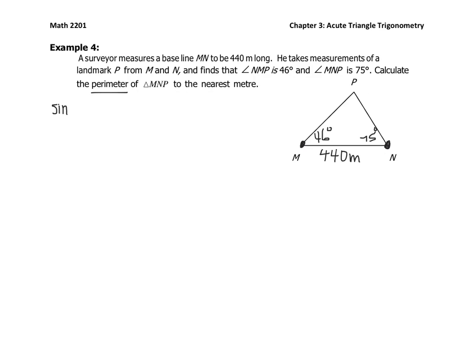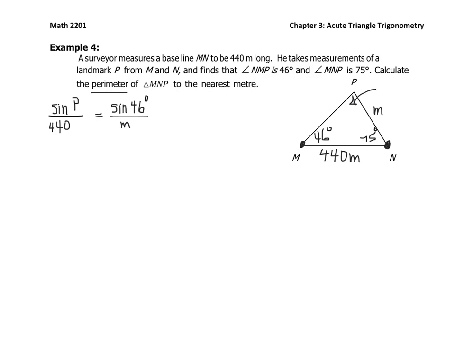And I'm not going to write out all three of them again. I'm just going to start with one of them, sine of P over 440 equals sine of 46 over side M, which would be across from that. Now, it looks like we don't have enough information, but we do, because angle P we can easily figure out. We've already got the other two angles.